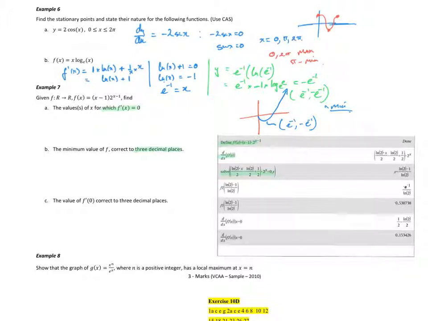So if this was for me and it was a test, I'd be saying in my SAC, solve f'(x) equal to 0, which means I'd actually write the derivative down.